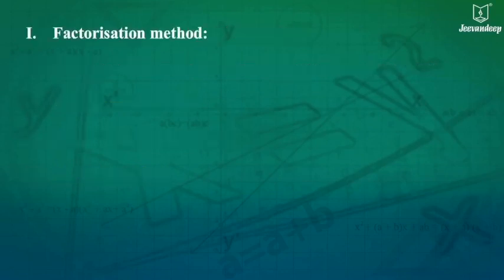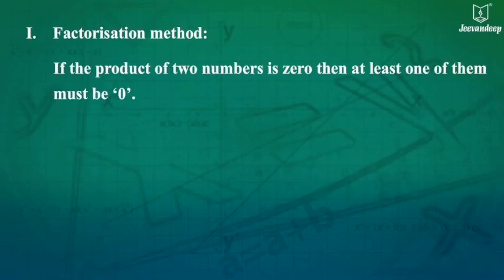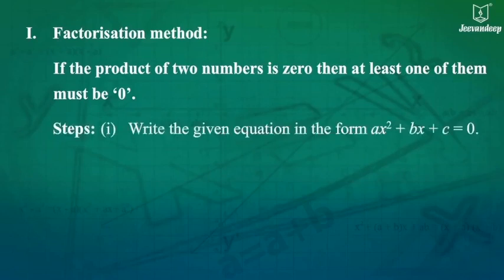1. Factorization method. If the product of two numbers is 0, then at least one of them must be 0. Steps. First step.